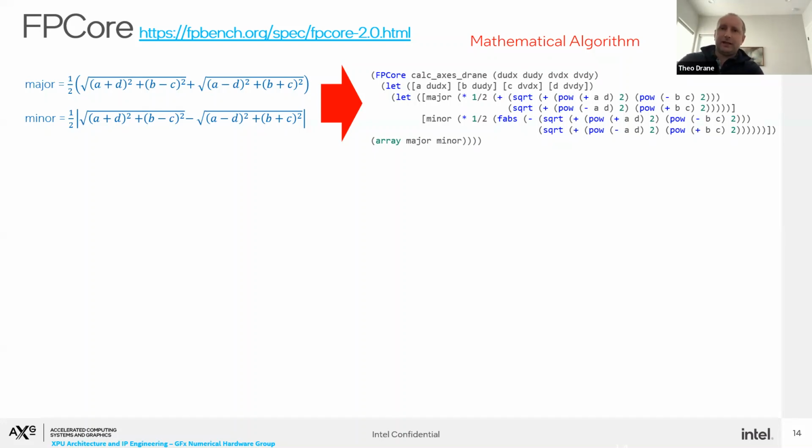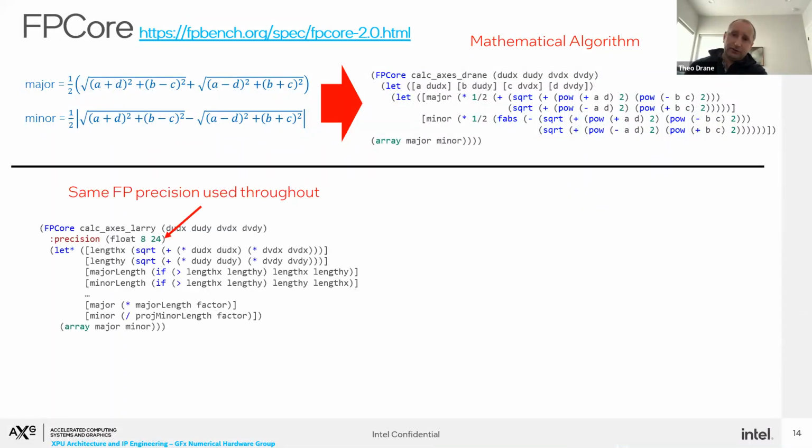Here we would take, in this case, the equations for the minor and major axes of the ellipse I mentioned earlier, and we can write that in FPCore. If you were to simulate this, you're essentially under the hood using something like MPFR with potentially hundreds of thousands of bits.